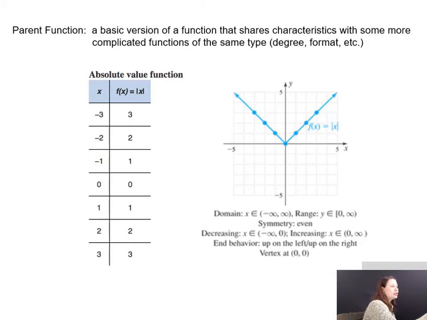Okay, the next one, it changes ideas a little bit, is the absolute value function. So let's think about an absolute value for a second first. If we talk about an absolute value, what we're really talking about there is the distance the number had from 0. Okay, so basically we're thinking about on a number line, right?